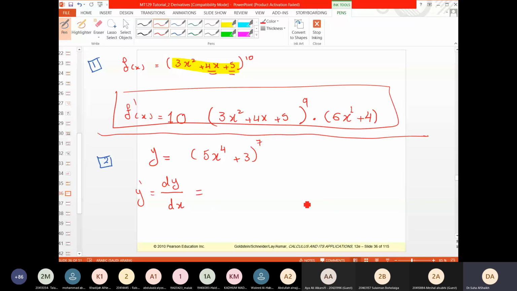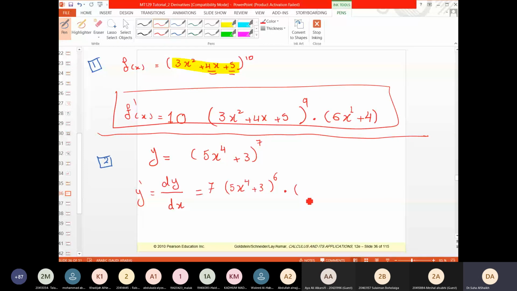It's equal to what? I have a bracket, and the bracket to a power 7. So it's the derivative of the bracket multiplied with the derivative of what's inside the bracket. The 7 and the bracket to a power 6, and inside stays as it is, 5x^4 plus 3. I'm done?